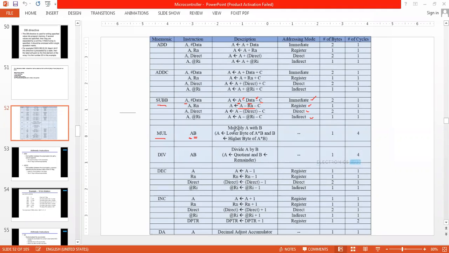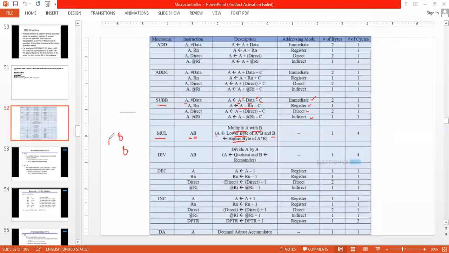So then what will happen? Multiply the value of A with the value of B. The result will come, no? If it is more than 8 bits, then the lower byte will be stored into A and the higher byte is stored into B. Say for an example, 8 into 8.